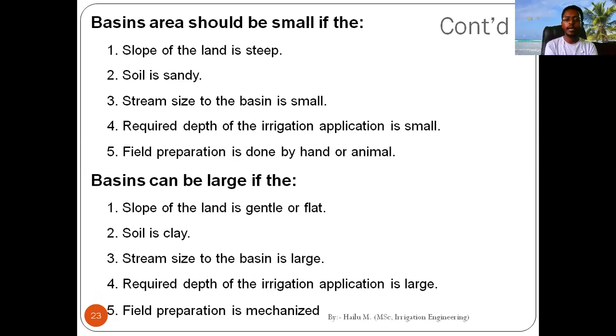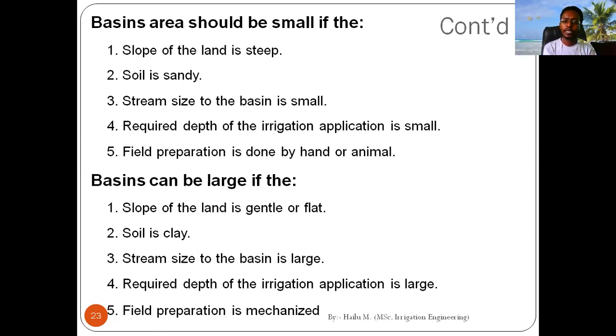Okay, based on our local condition, the basin area may be small or large. To decide whether the basin area should be small or large, we first have to identify our local condition, then make it either small or large.